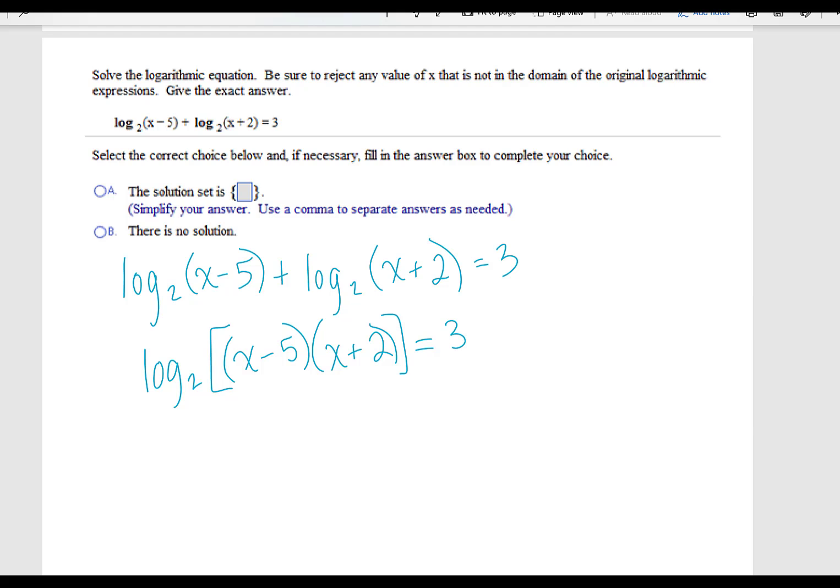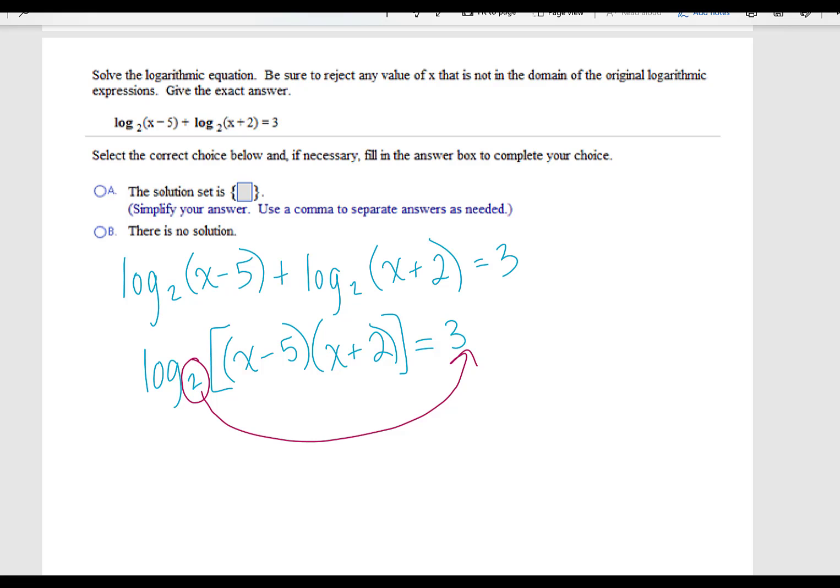Okay, so we would say the same thing. You can FOIL inside here, or you can go ahead and write it in exponential form and then FOIL there. It's up to you. I'm going to go ahead and just show it in exponential form first.